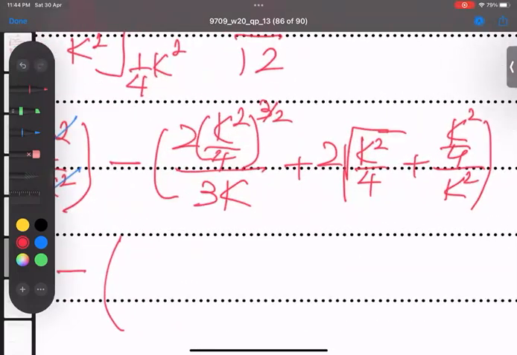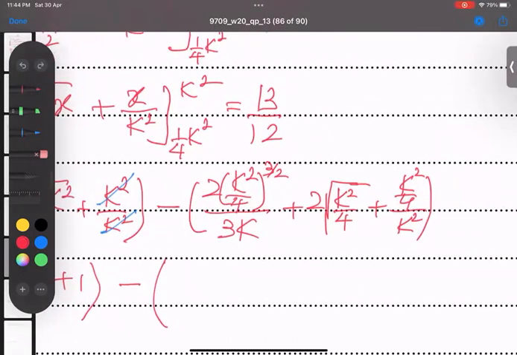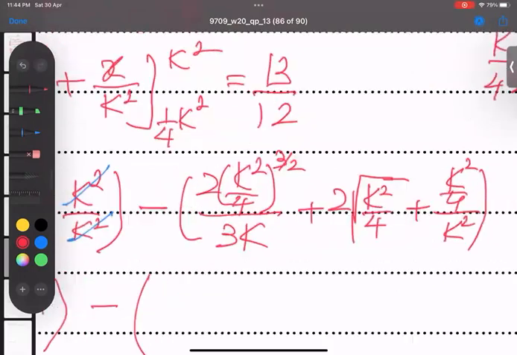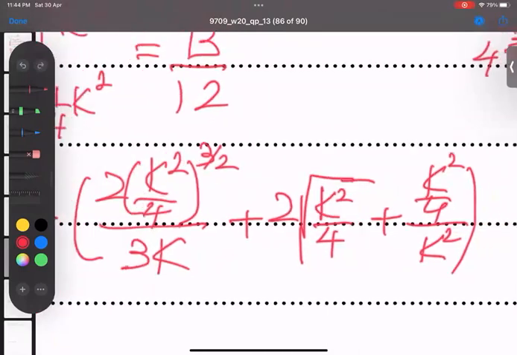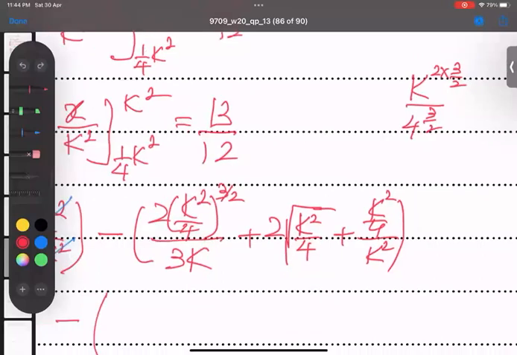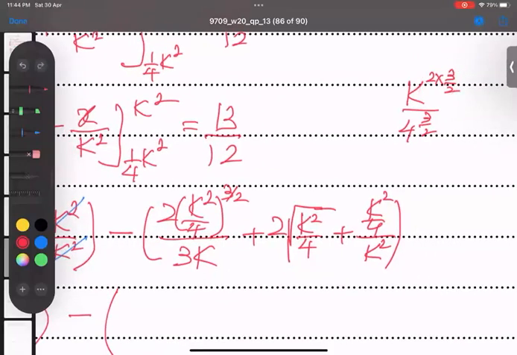So first of all, this 2 will hold on. Here we have to be careful. K to the power 2 into 3 over 2 and 4 to the power 3 over 2. How come? This 3 by 2 will go on the upper part and lower part separately. So that is why. When I do the upper part, this cancels out. I get only k cube.